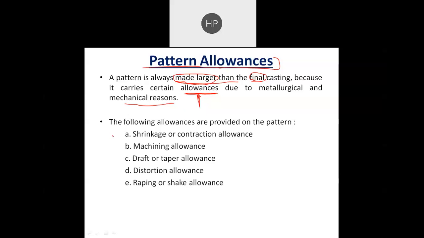First allowance is shrinkage or contraction allowance. Second, machining allowance. Third, draft or taper allowance. Fourth, distortion allowance. And fifth, rapping or shake allowance. So one by one we are going to see all the allowances.